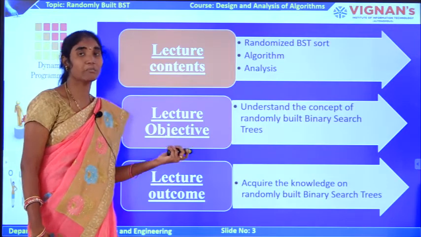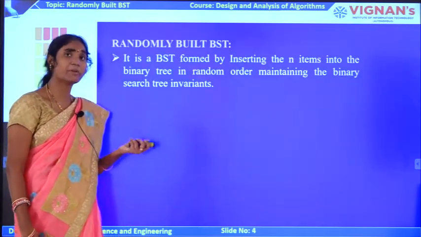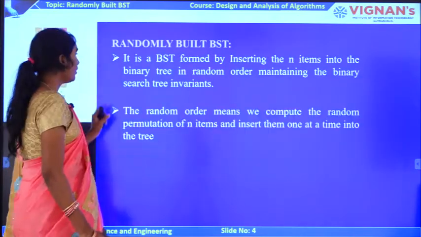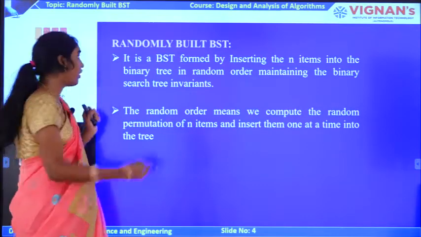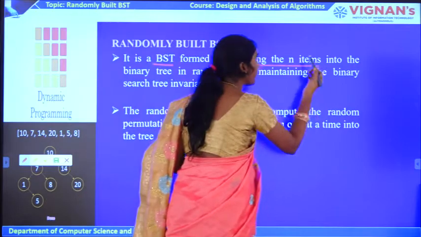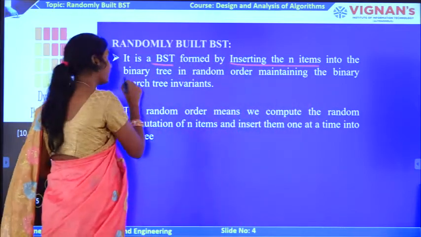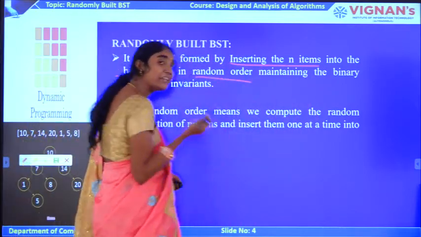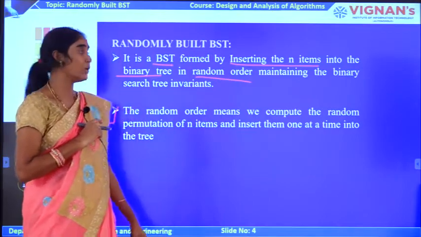The tree is a binary search tree. What is a randomly built binary search tree? It is a BST, where BST stands for binary search tree, formed by inserting n items into the binary tree in random order while maintaining the binary search tree invariant.